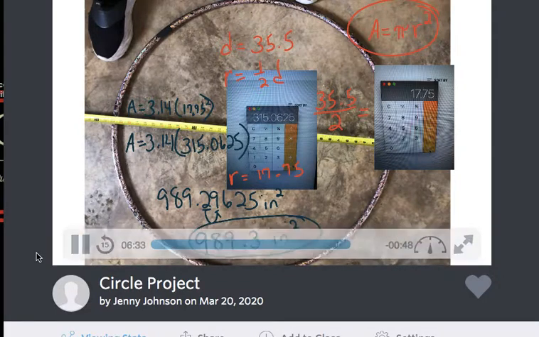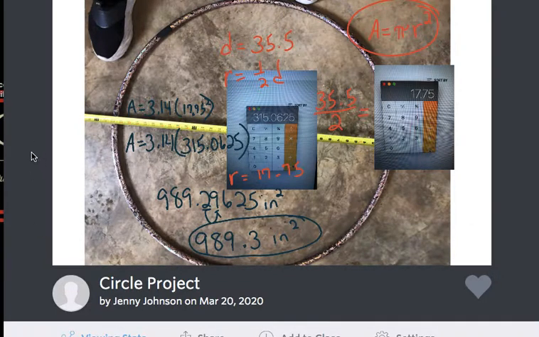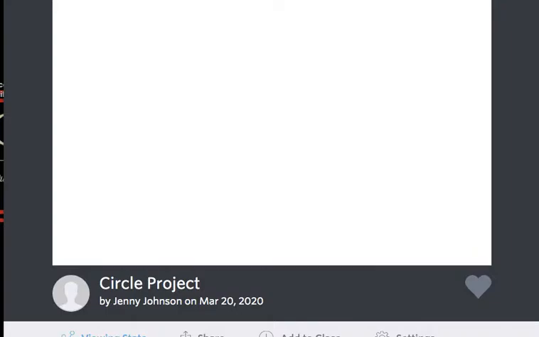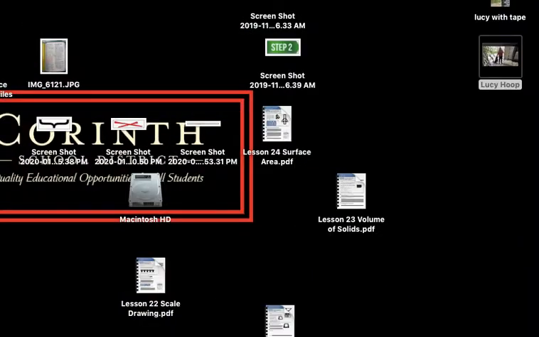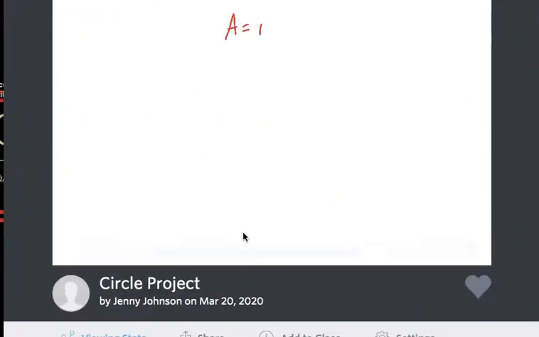So hopefully this explains what I expect on your project. You can use any kind of format you wish, but you must show how this relates to the circumference and area formulas. Just as a review, area formula is pi radius squared.